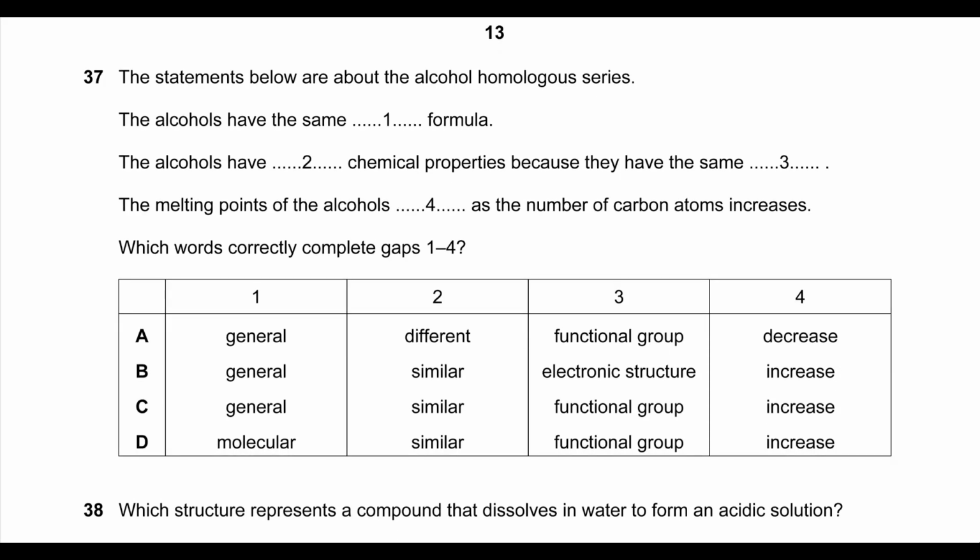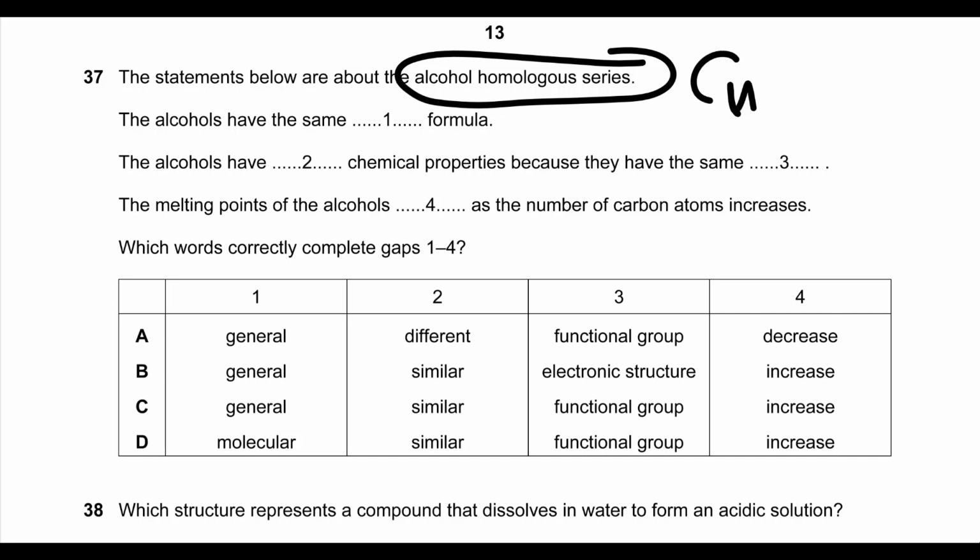Question 37. The statements below are about the alcohols homologous series. So here we are talking about the alcohol family. The alcohols have the same general formula, yes, which is CnH2n+1OH.